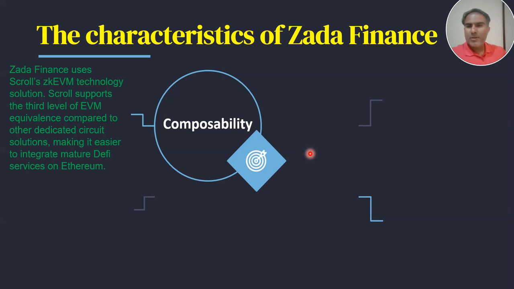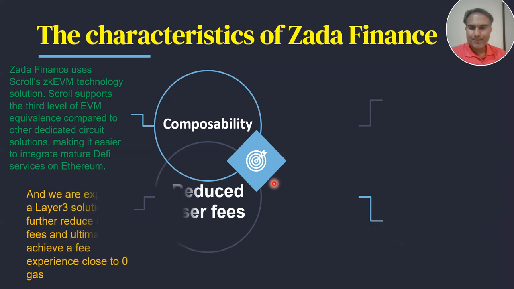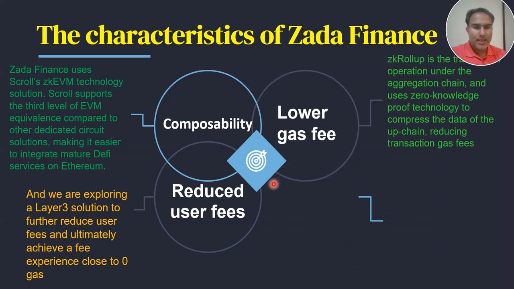Scroll supports the third level of EVM equivalence compared to other dedicated circuit solutions, making it easier to integrate major DeFi services on Ethereum. For reduced user fees, they're exploring a layer 3 solution to further reduce user fees and ultimately achieve a fee experience close to zero gas.